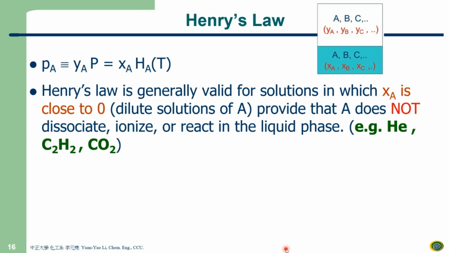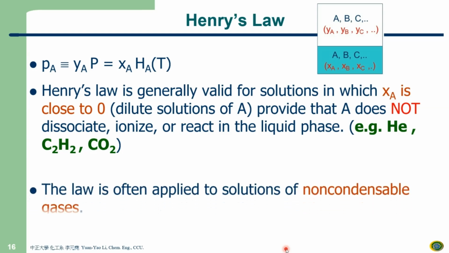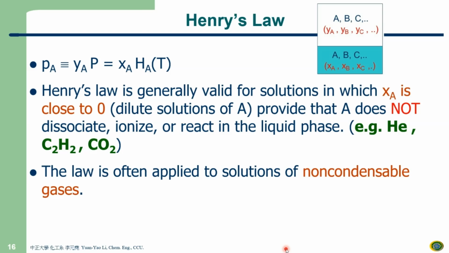So the law is often applied to solutions of non-condensable gases. So now you realize Raoult's law is applied for species which are easy to condense, with Xi almost close to 1, but Henry's law is for gases which are not easy to condense.